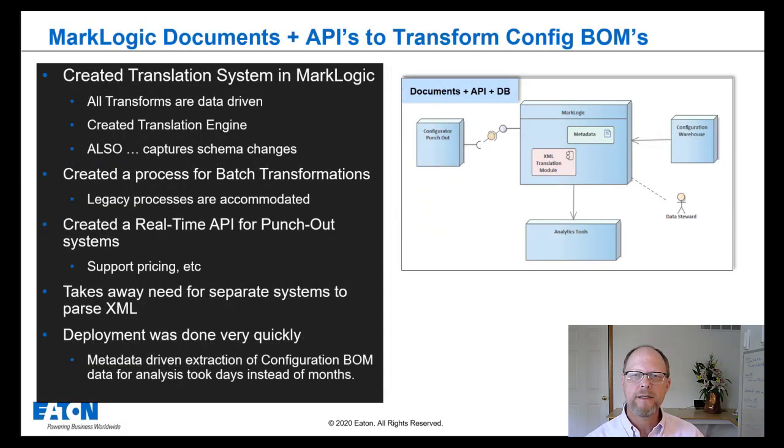So what we did is we created a translation system in MarkLogic, and because we have a document model, we take the XMLs out of our originating system or wherever this configurator is operating. We'll talk about that. We put it into a document in MarkLogic, but we also are able to, in the same database, create a bunch of metadata rules about all the different types of information or branches in these documents that we may need to get access to, right?